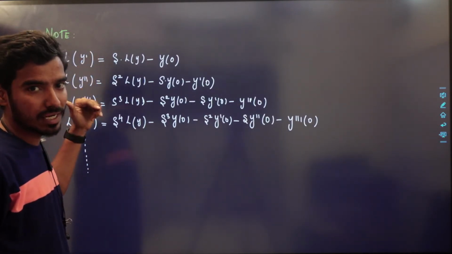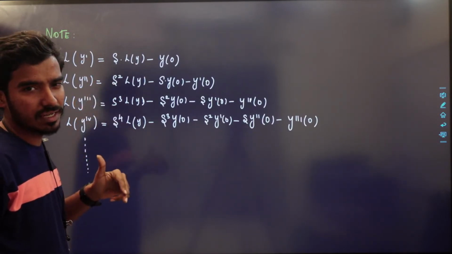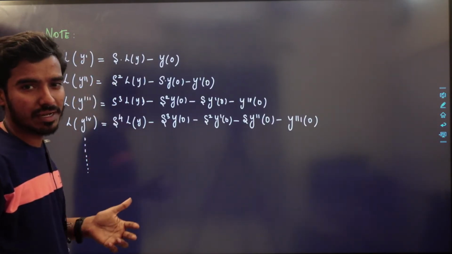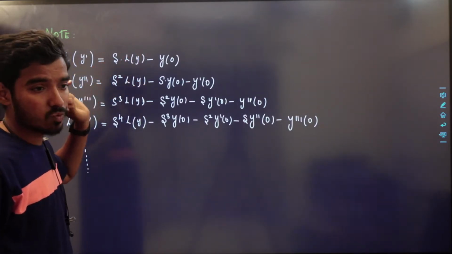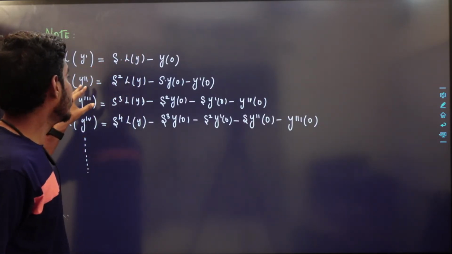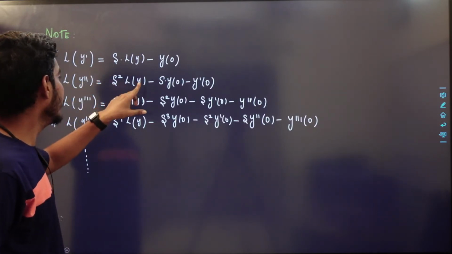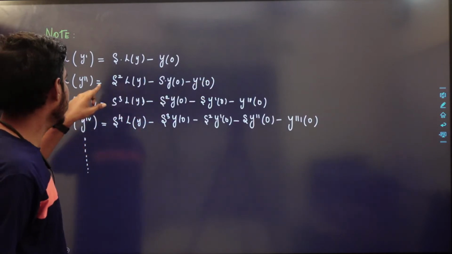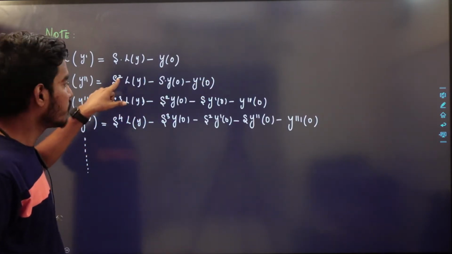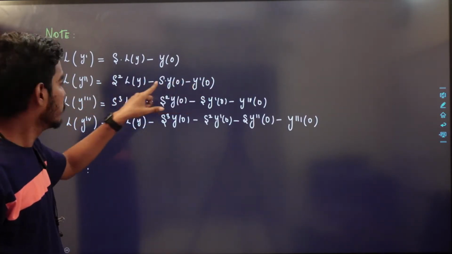Y dash is dy by dx or dy by dt. Your dependent variable can be anything. So L of y dash is s into L of y minus y of 0. L of y double dash is s square L of y minus s into y of 0 minus y dash of 0. You can see it will start with s square, s, constant.